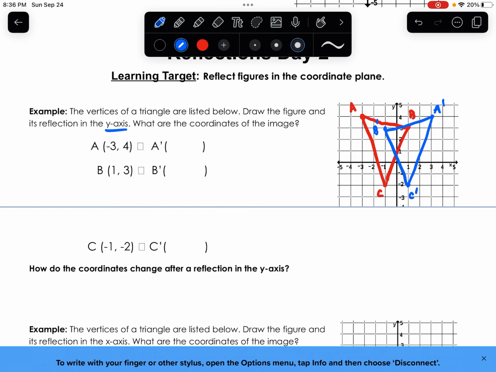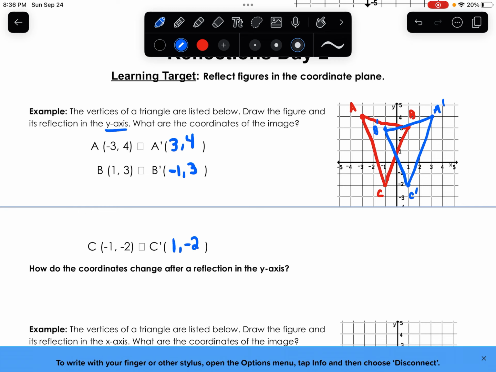So if you look at those new coordinates, A prime is located at 3, 4. B prime is located at -1, 3. And C prime is located at 1, -2.